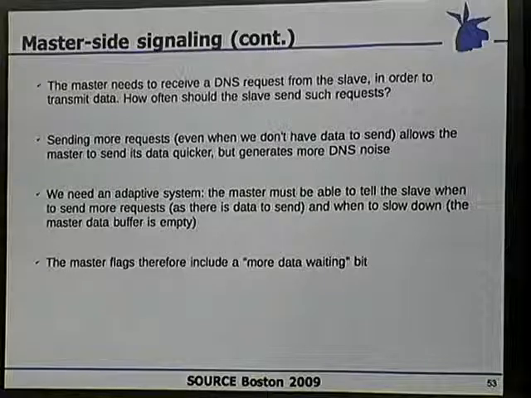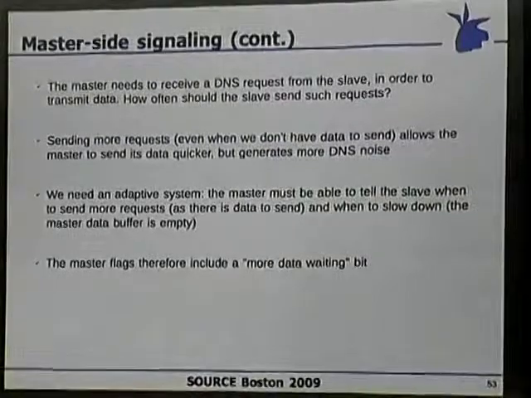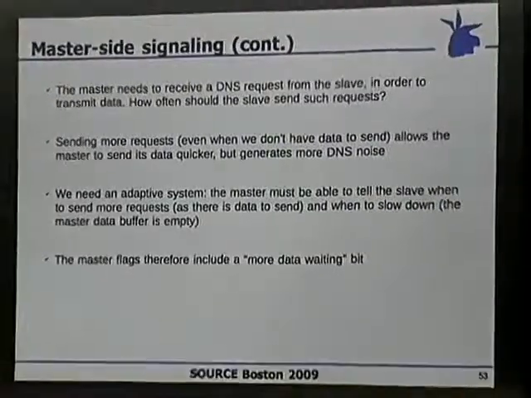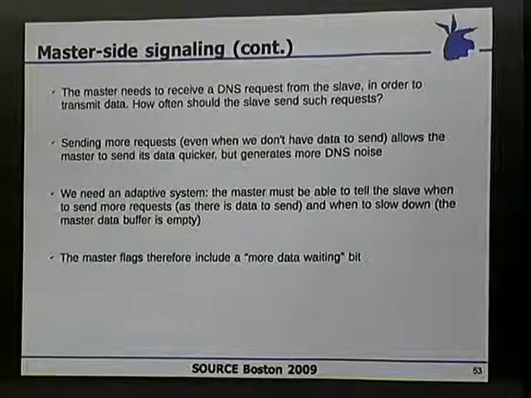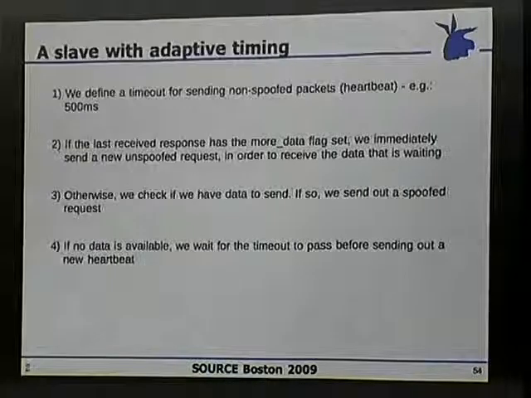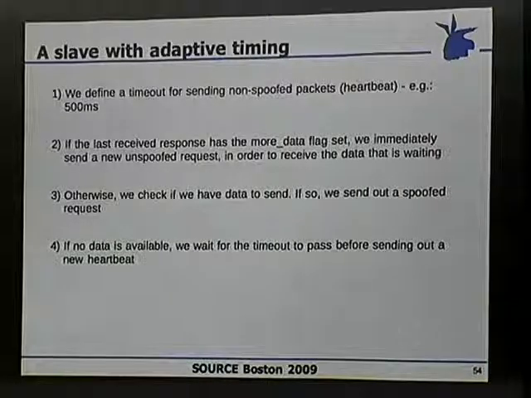The problem now is if we have a lot of data on the master side, we would like to have a lot more requests coming from the slave because we want to get rid of our data from the master. If we don't have that much data on the master side, we just want occasionally a request when we get more data. So what we do is from master to slave a more data flag. If there's more data waiting, we flip a flag and tell the slave, okay, please send another request now.